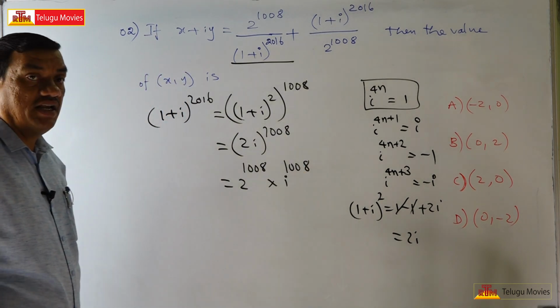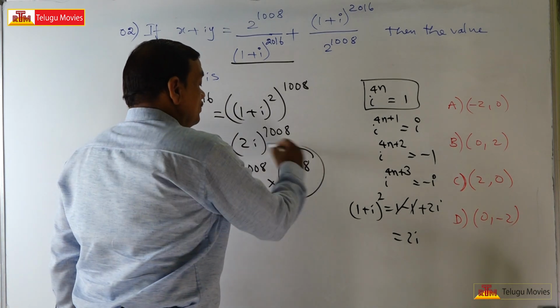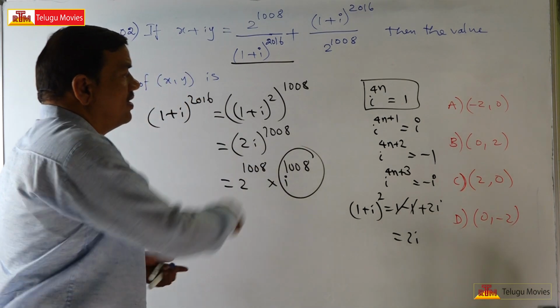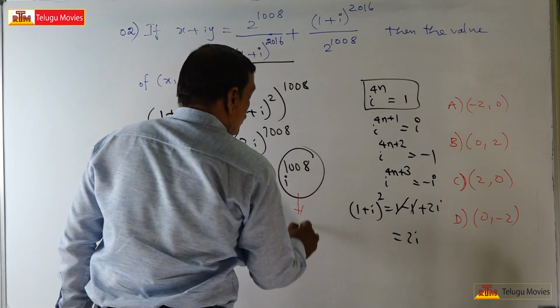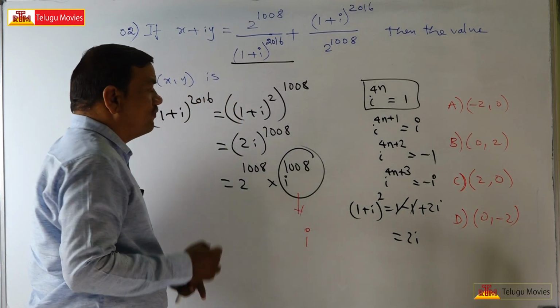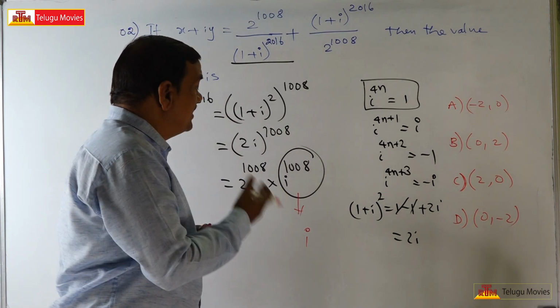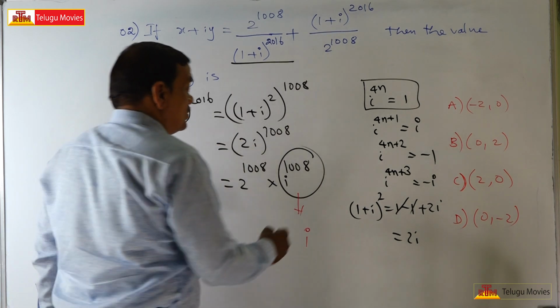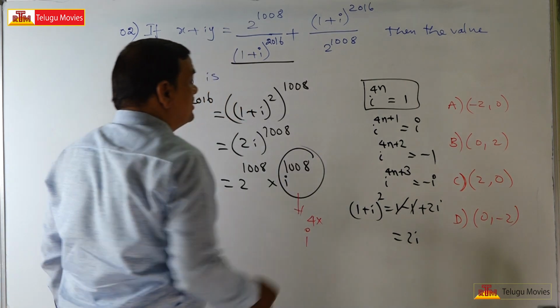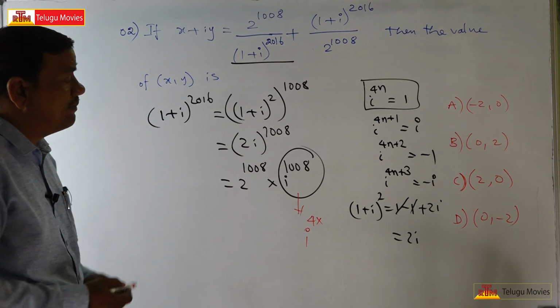So it is very clear. What about this value? Now you have to make use of the properties of iota. So can I write i to the power of 1008? First try to find out whether it is a multiple of 4. 1008 is a multiple of 4.